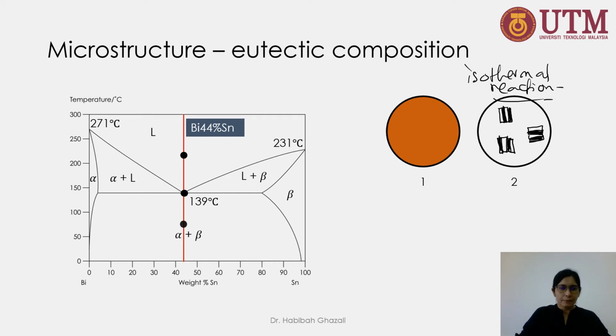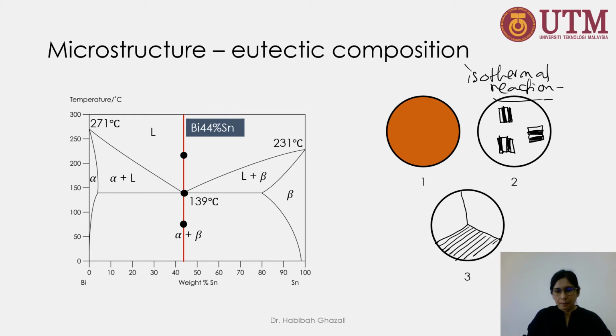So in the end, when all the liquid has been solidified, you will have a microstructure that consists of alpha and beta in a lamellar microstructure, just like what I draw schematically here, just like the layered cake.